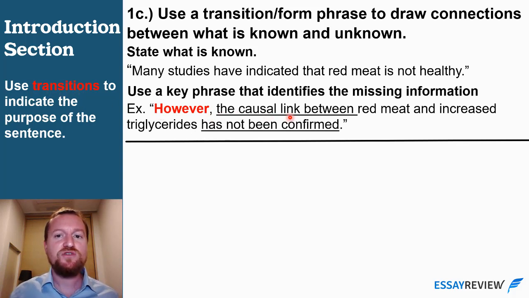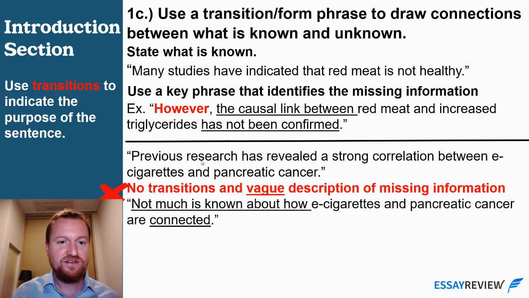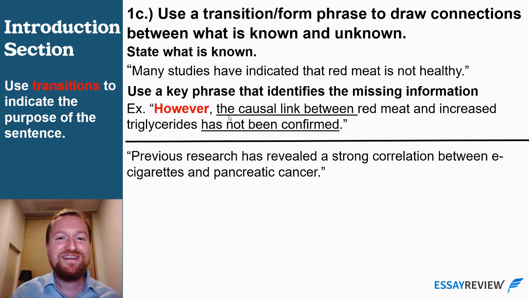However, the causal link between X and Y has not been confirmed. So this transition, without the transition, let's see here. We'll see. Without "however," the reader might have to do some guessing to see how they're connected. So the transition really makes the reading smoother, really makes the argument smoother.